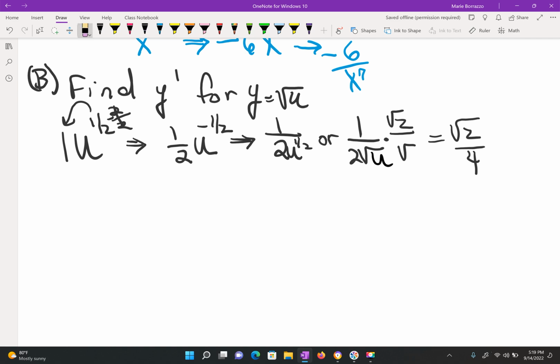So we're actually multiplying here differently. So scratch that for a minute. So this is actually square root of u over 2u. Oops. Okay.